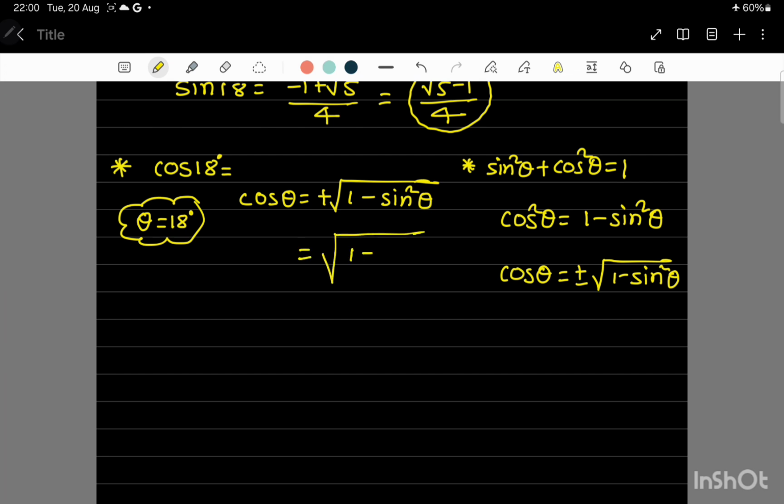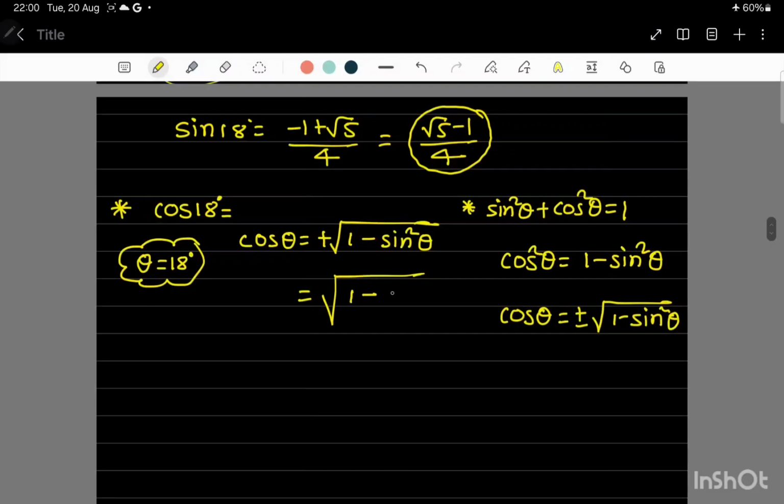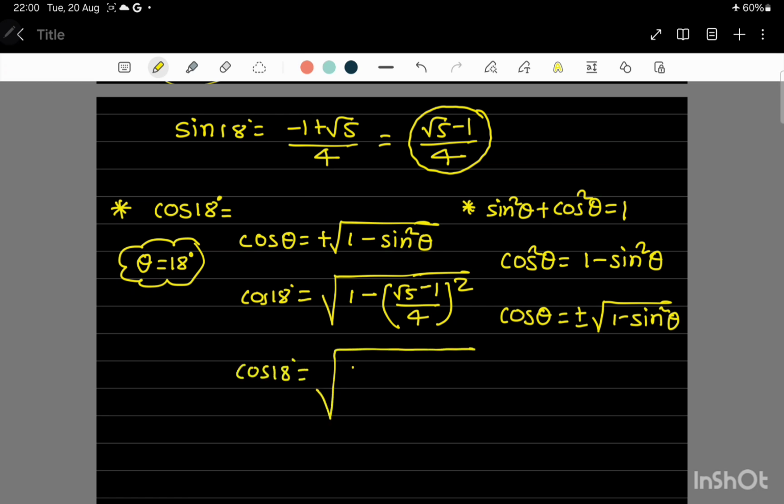So root of 1 minus sine square 18 degrees, where sine 18 degrees is (root 5 minus 1) by 4, whole square. So cos 18 degrees is equal to root of 1 minus (5 plus 1 minus 2 root 5) divided by 16.